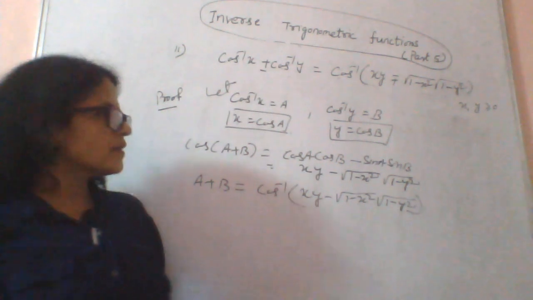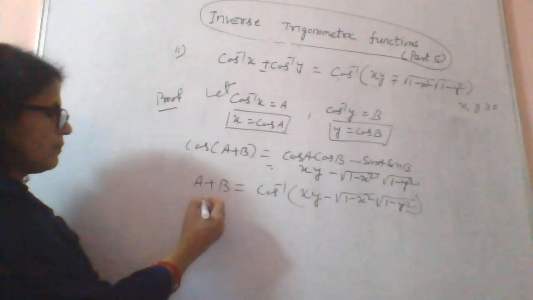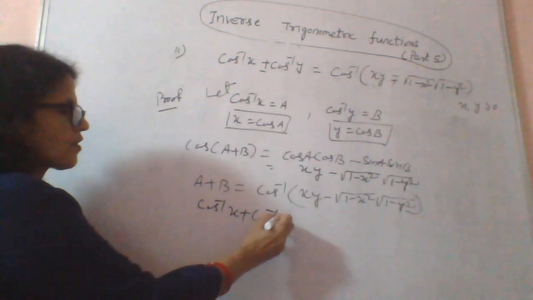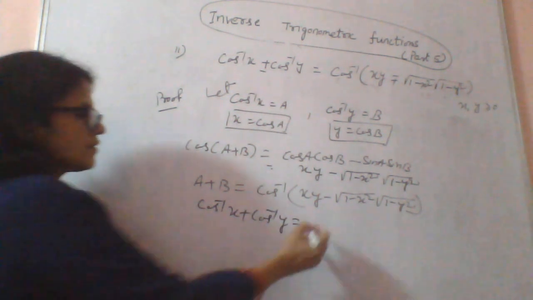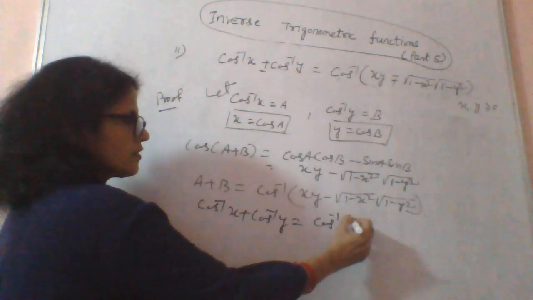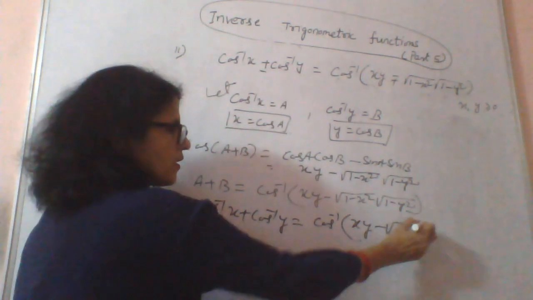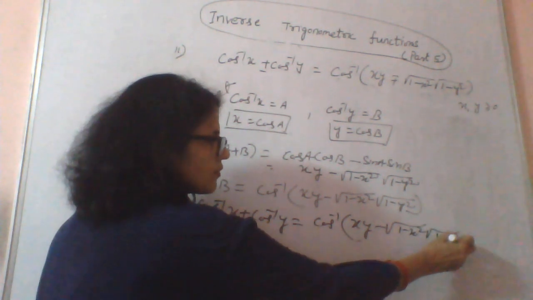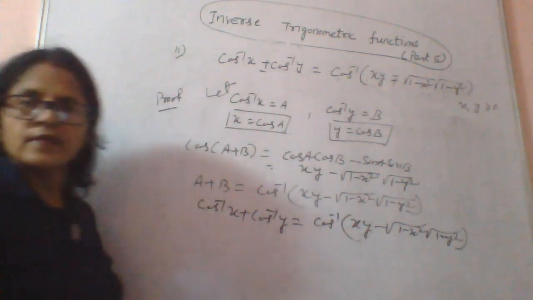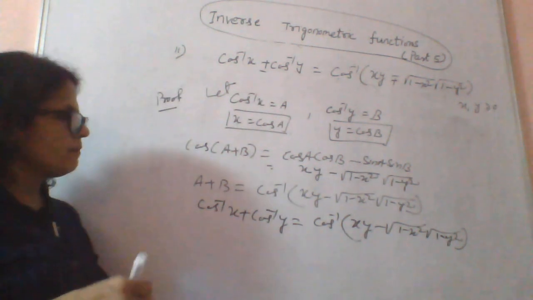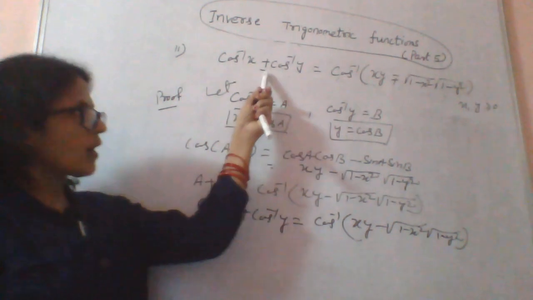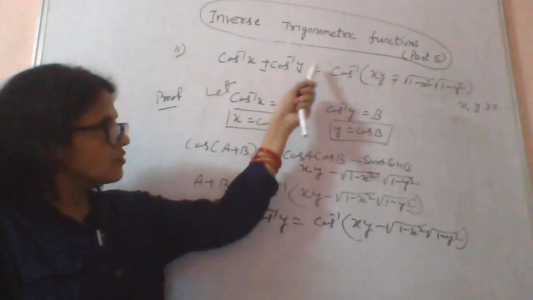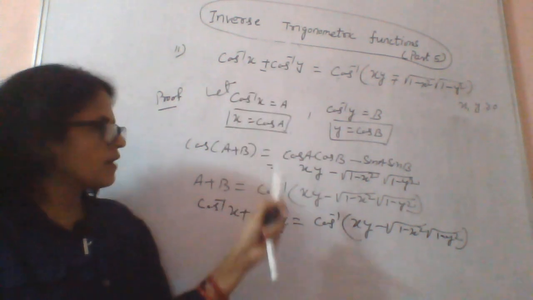Now, a plus b means cos inverse x plus cos inverse y, that is equal to cos inverse xy minus under root 1 minus x square into under root 1 minus y square. And in case we have cos inverse x minus cos inverse y, it means a minus b. So we have to start with cos of a minus b.